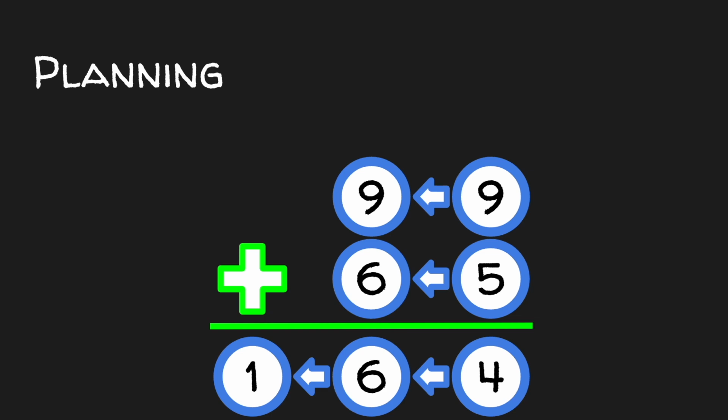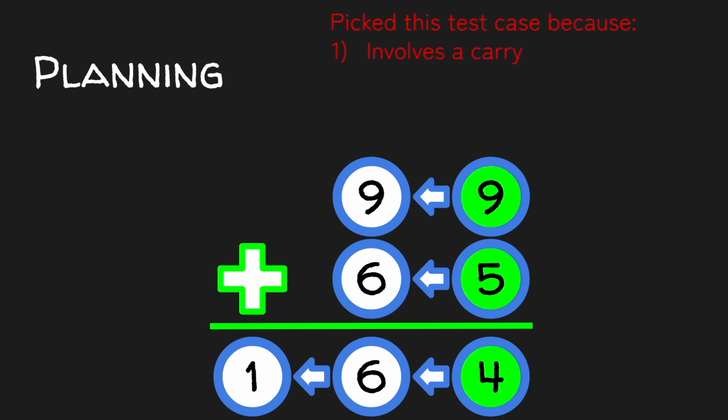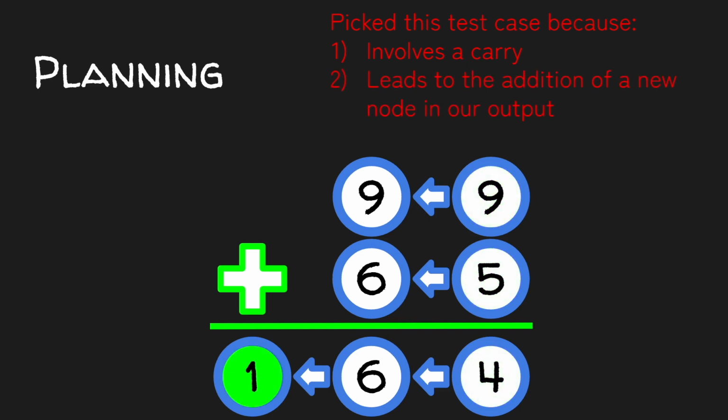Alright, so I picked this example to brainstorm with because number 1, it involves a carry since 9 plus 5 is 14, so we'd have to carry that 10 over to the next digit's place. And secondly, it leads to the addition of a new node in our output. So 99 plus 65 is 164.